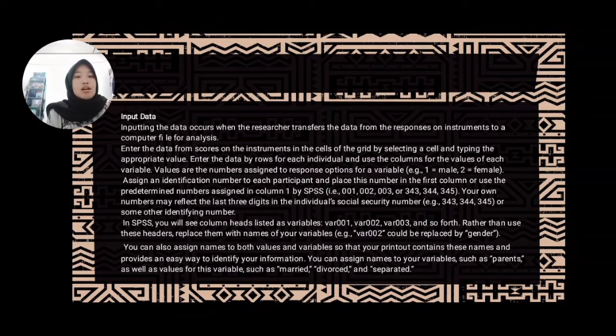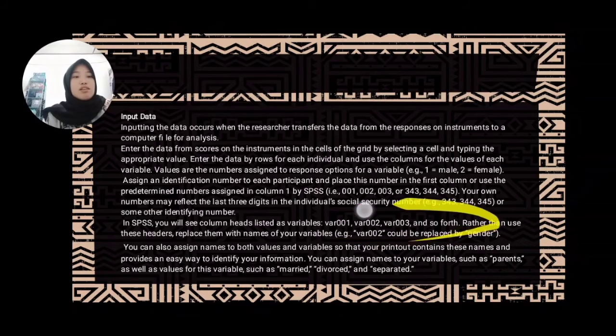you will see columns listed as variables. You can see and support rather than use these headers. Replace them with names of your variables.